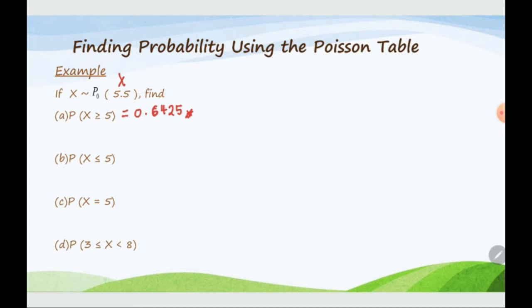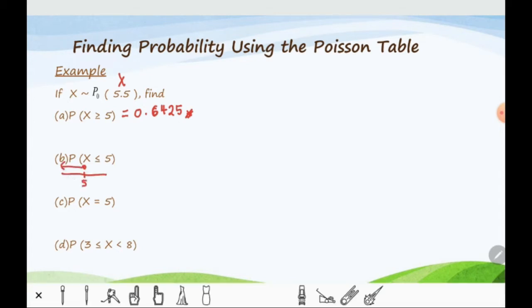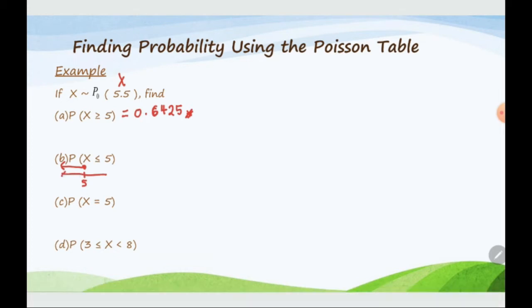We read all the X in the table as greater than or equal to. So for X less than or equal to 5, it means that 5 is also included. Because in the table we read greater than or equal to, we cannot take the less than part.